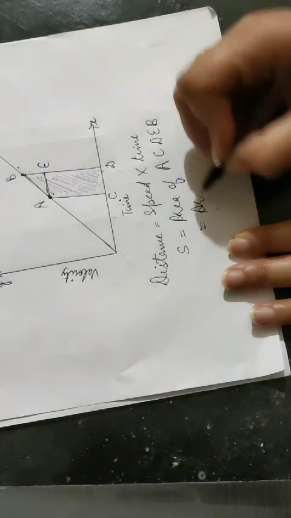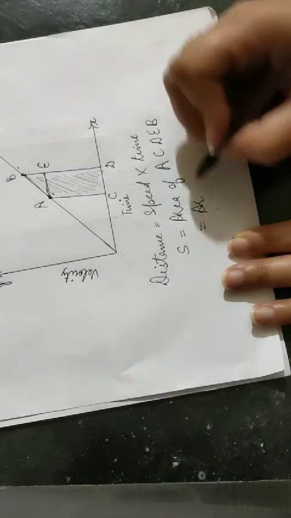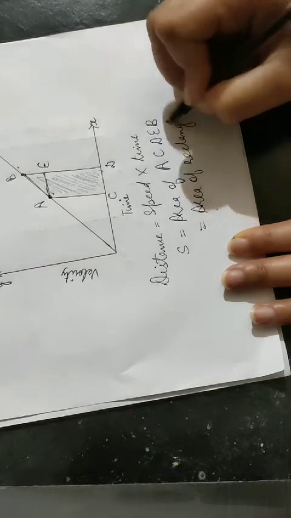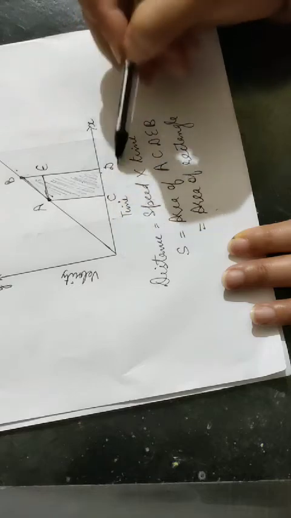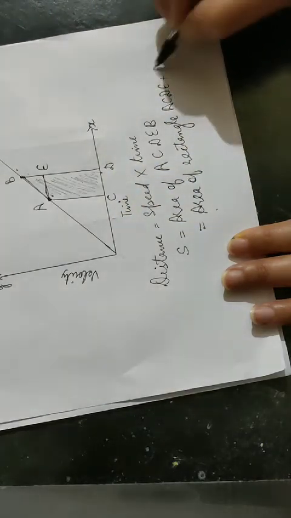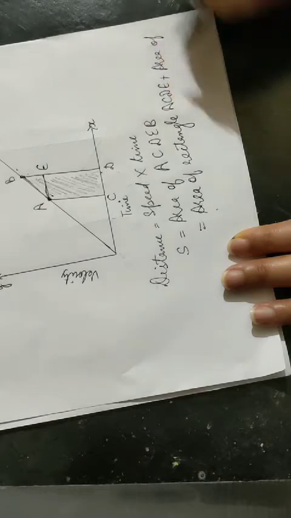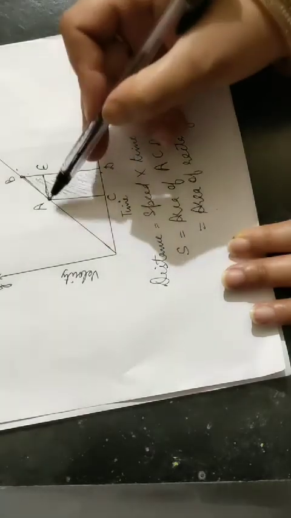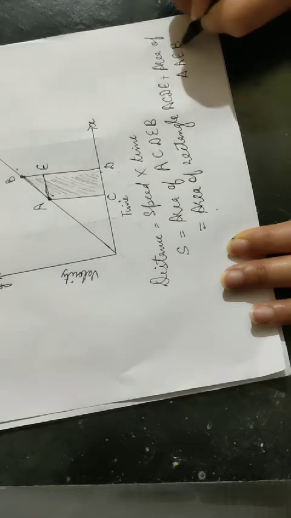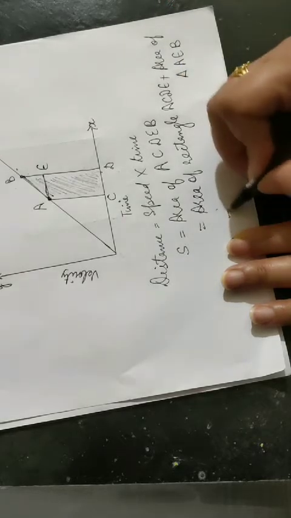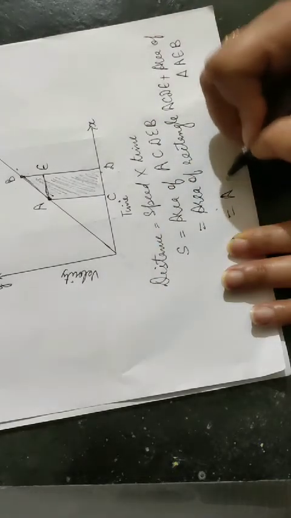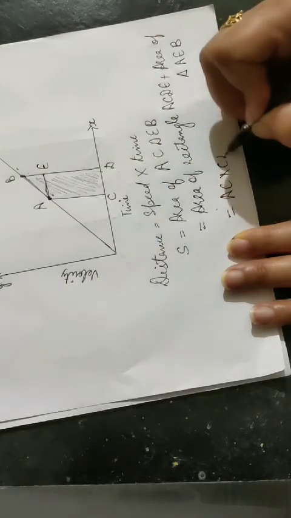We can write it as area of trapezium ACDEB is equal to area of rectangle. Which rectangle? ACDE plus area of triangle AEB. Now, what is the area of a rectangle? It is length into breadth, AC into CD.